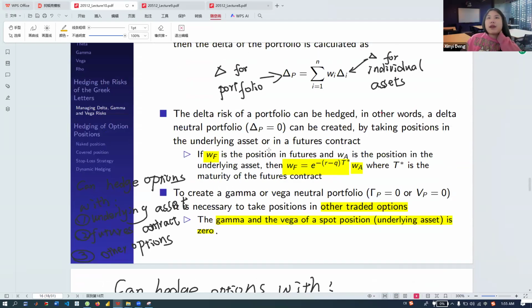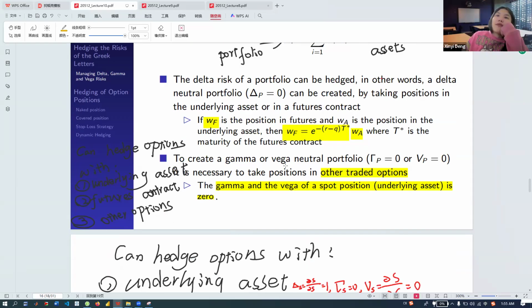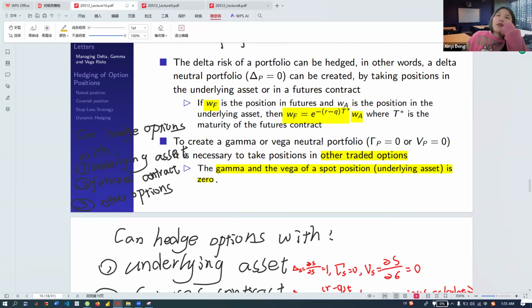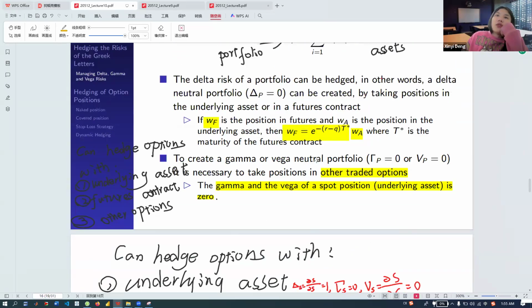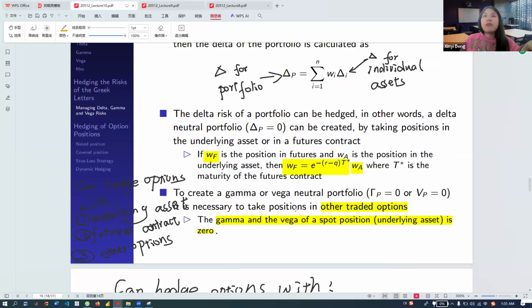It's just expressing the relationship between w_F and w_A, where w_F is a position in futures if you use futures to hedge options, and w_A is a position in the underlying asset if you use the underlying asset to hedge the options. I know it looks a bit confusing here, but let me show you the derivation and it will become clear.